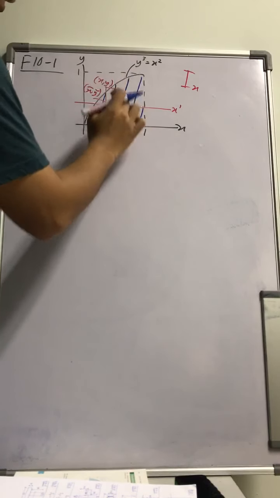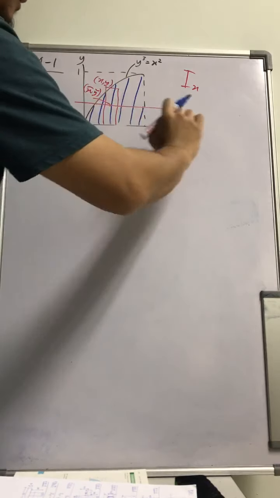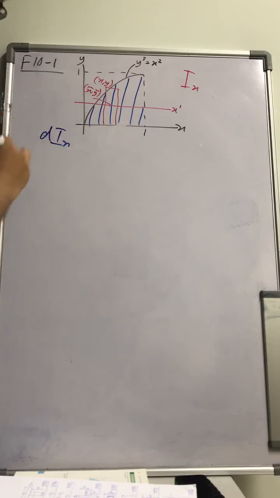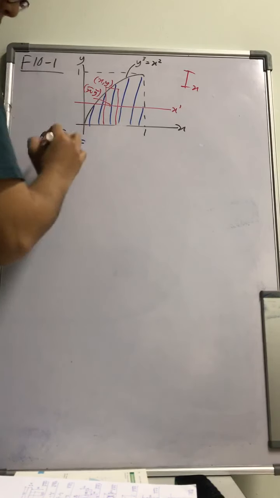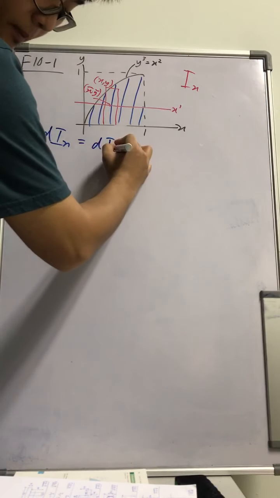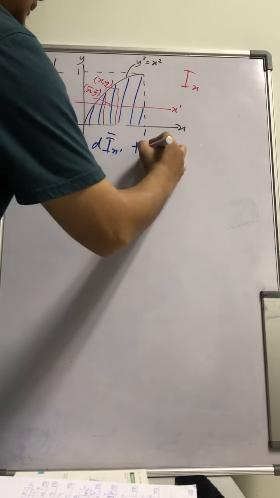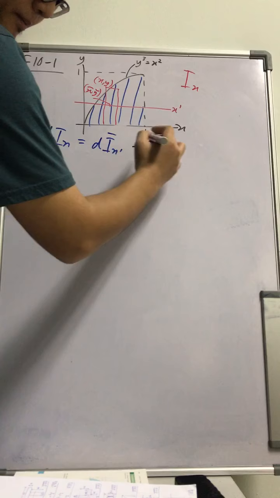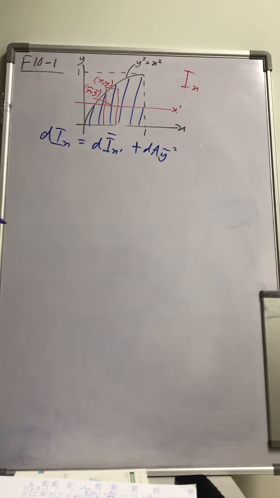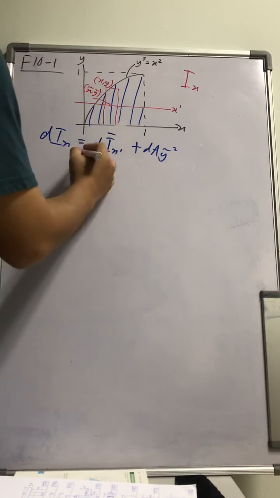If you choose the differential element strip which is perpendicular to the axis that you want to find the moment of inertia about, the equation is given as dIx equals dIx prime plus dA y bar squared. So actually everything here is given.